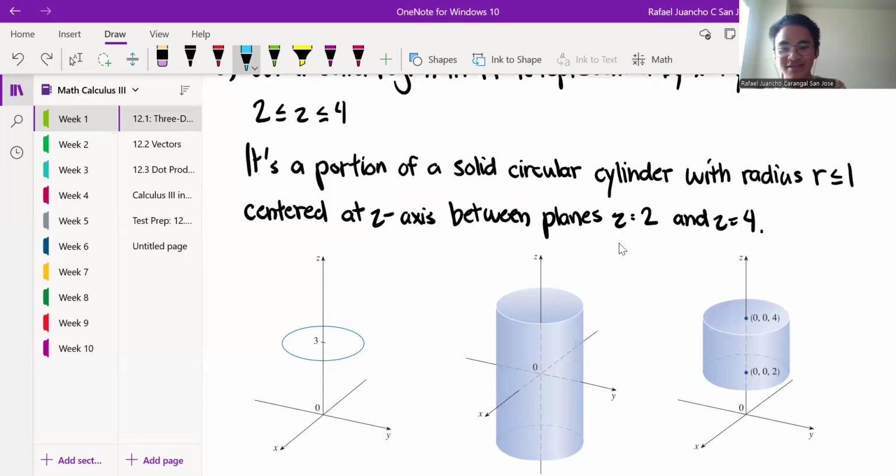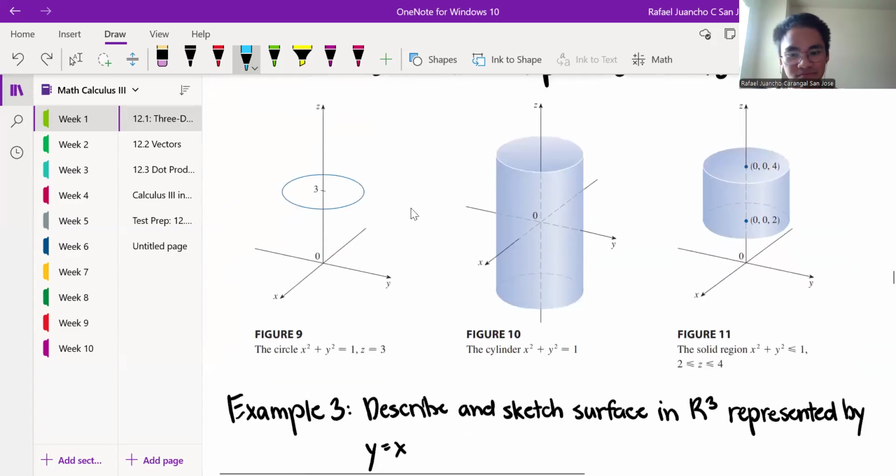Because if it's inside the circle, the radius could be 1, 0.7, 0.5, 0.1, 0. So it's everything inside that circle. That's why it's a radius less than or equal to 1, centered at the z-axis, and between planes z equals 2 and z equals 4.